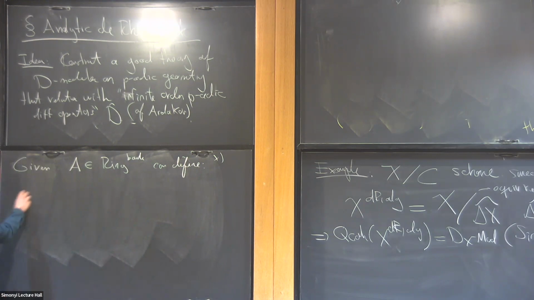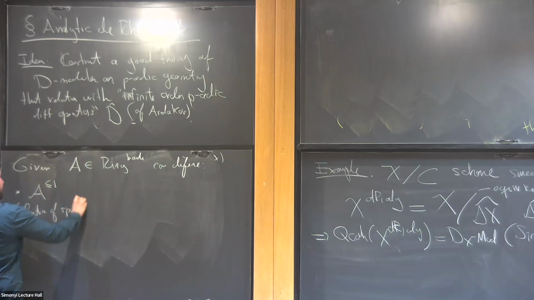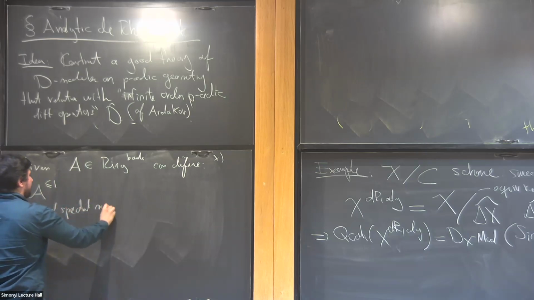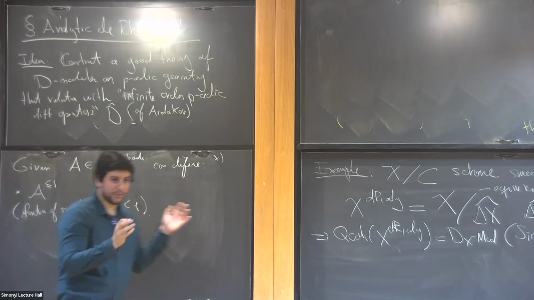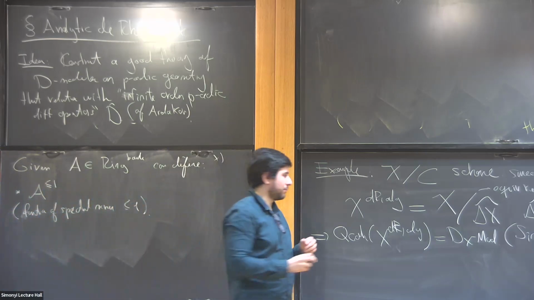First, I can define the elements of norm less than or equal to 1, which you should think of as functions of spectral norm less than or equal to 1. Think of the operators of a C-star algebra. That's the kind of thing you should be thinking about.